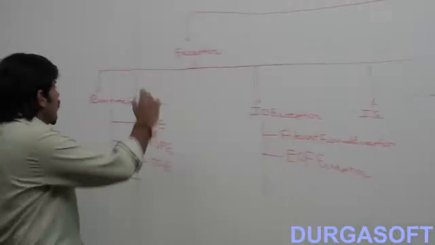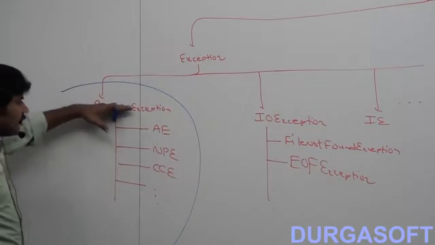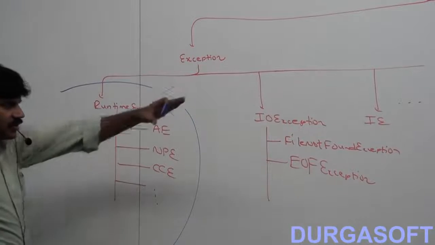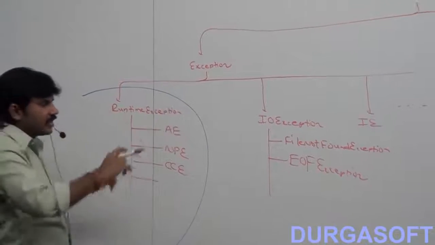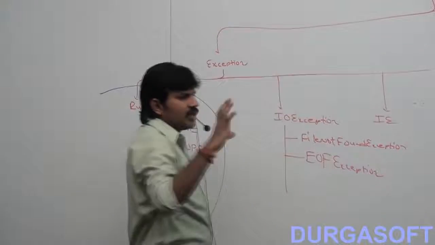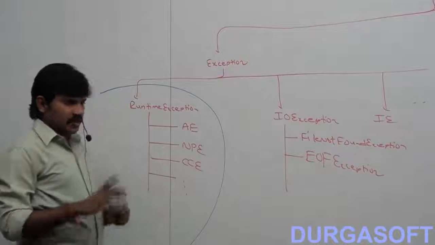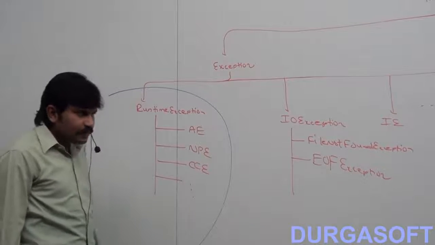Similarly, RuntimeException and its child classes are unchecked. Except these, the remaining ones are by default considered checked exceptions. Now, is ArithmeticException checked or unchecked? Unchecked.